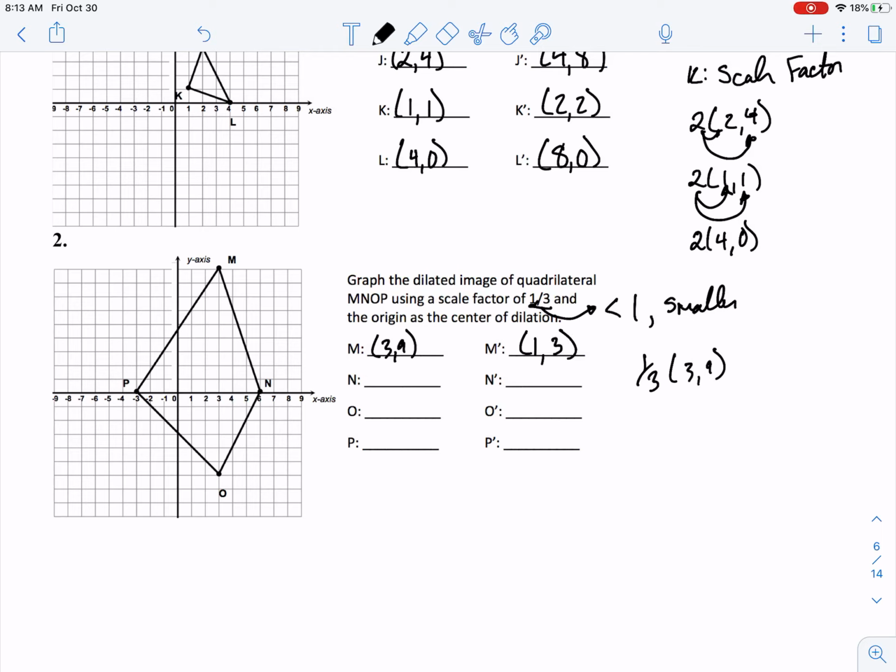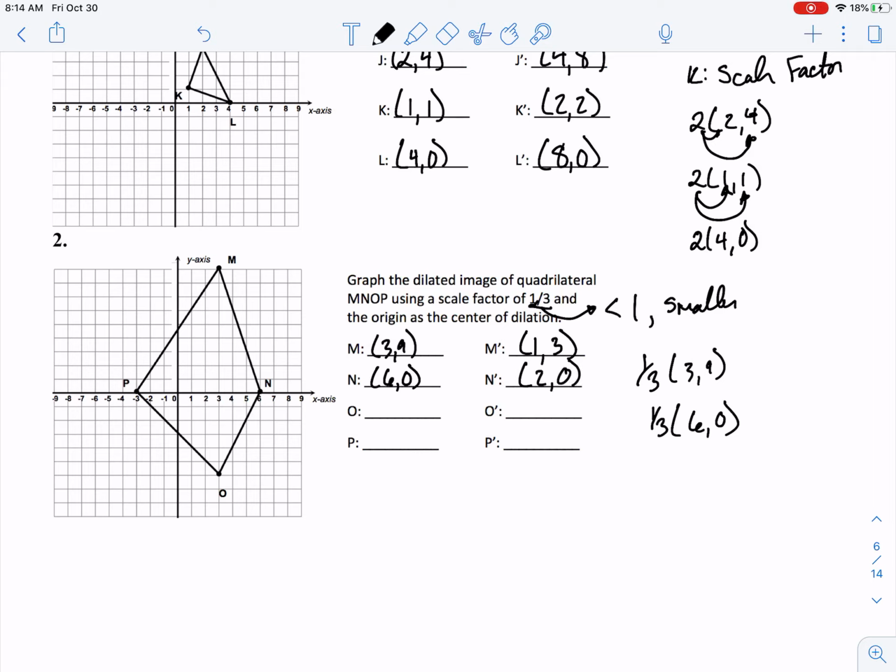So I would then go to my answer choice, look and see which one had M prime at the point (1, 3). If it doesn't, I'm going to get rid of it, move on to my next answer choice until I do find one. And if I have 2, I would just move on to my next point, N, which is (6, 0). 1/3 times 6 is 2. 1/3 times 0 is 0.